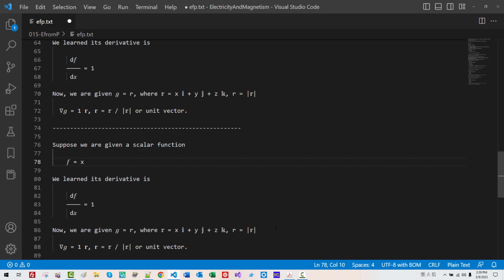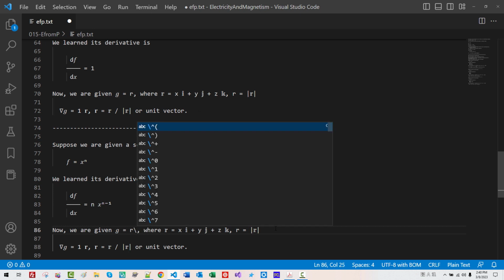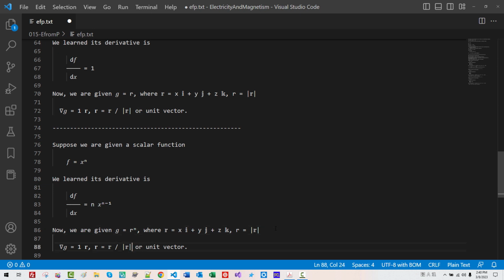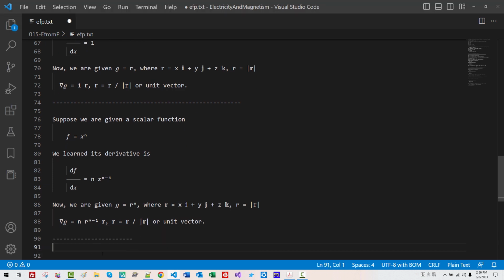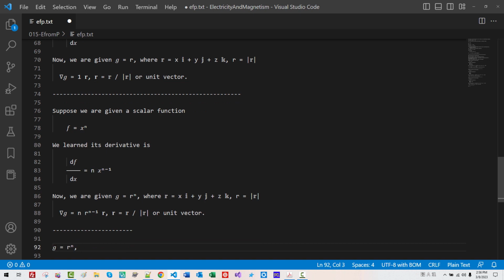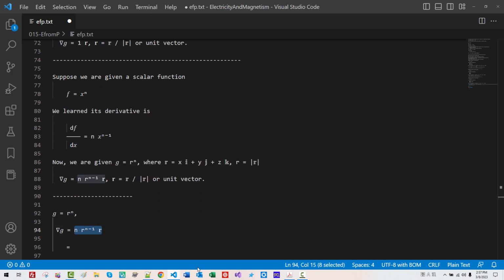Now x to the n, its derivative will be n x to the n minus 1. Now g is r to the nth power. Then n r to the n minus 1 r-hat. Please note, when g is a function of r, its gradient can also be written like this.